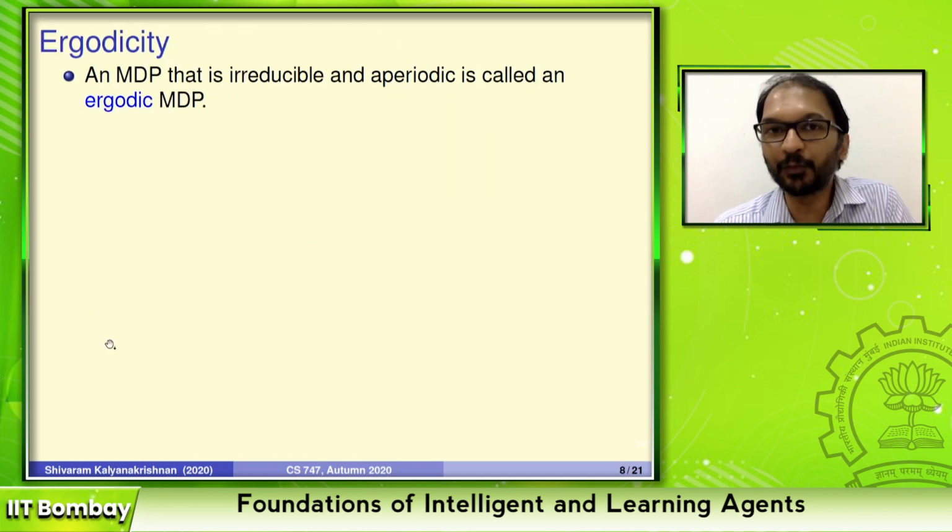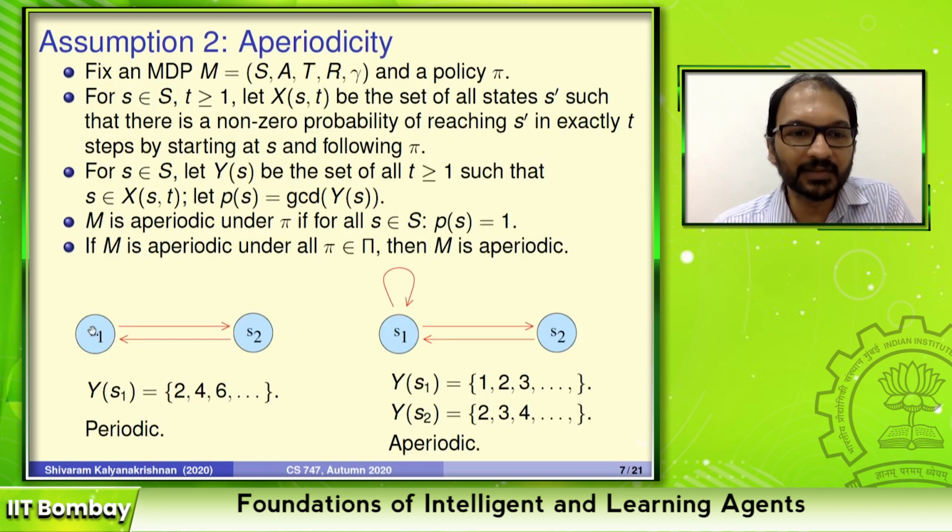Then again, 4 steps later you will be in S1, and then 6 steps later you will be in S1. Suppose you were at S1 at time step 0, you will never be at S1 on an odd numbered time step. You will only be there on even numbered time steps.